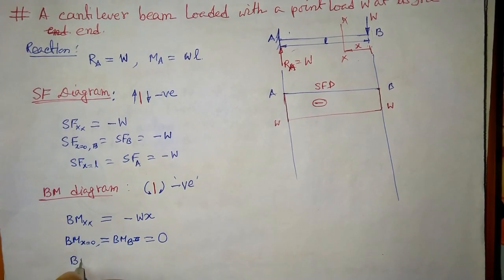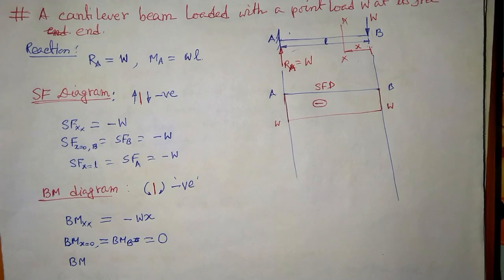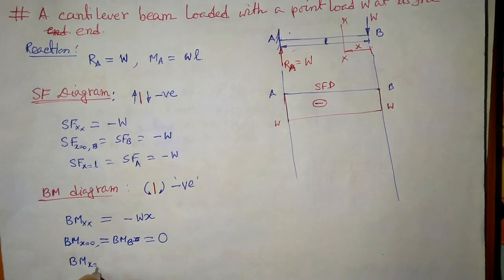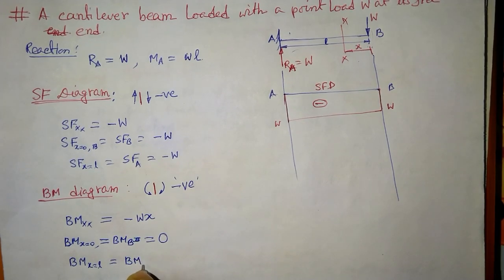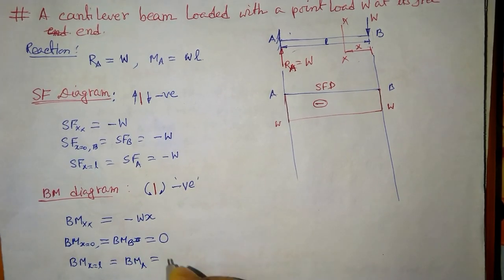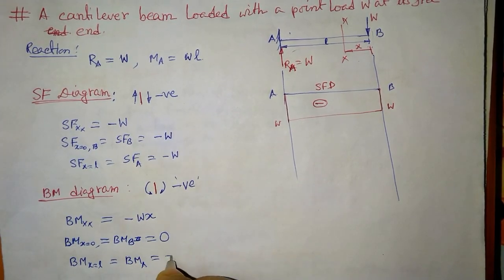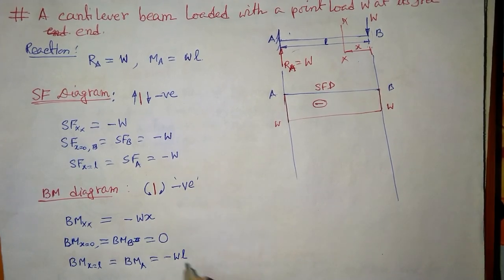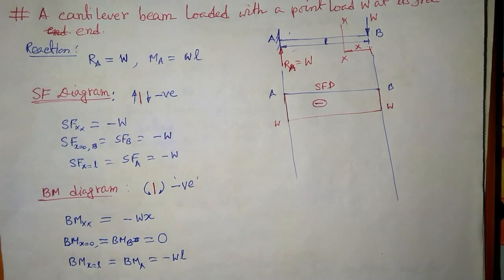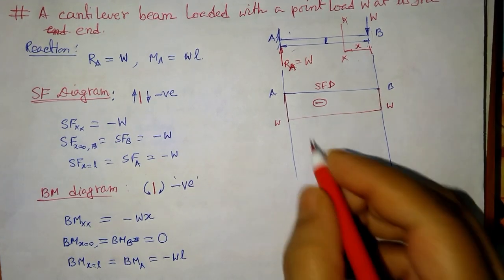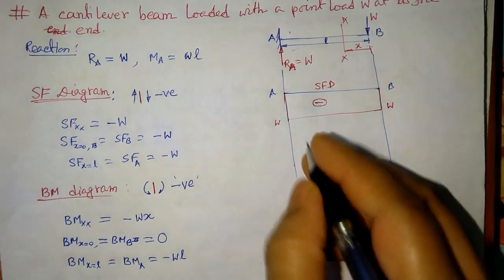Similarly we can write bending moment at x equal to L, and this is the bending moment at A, and this will be W into L, so minus W into L, so this is our bending moment, minus WL. So let's draw the bending moment.